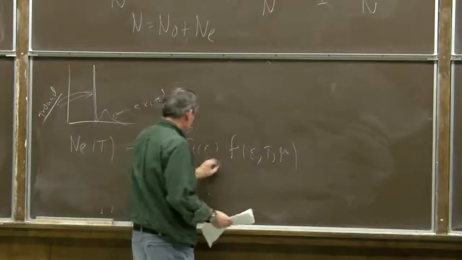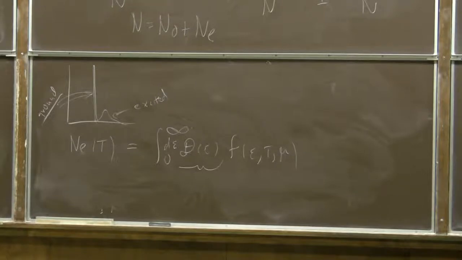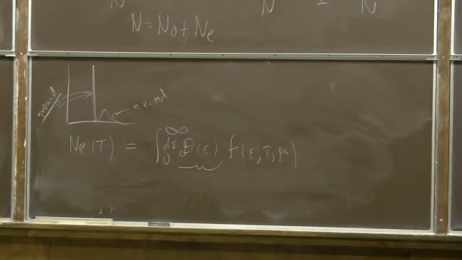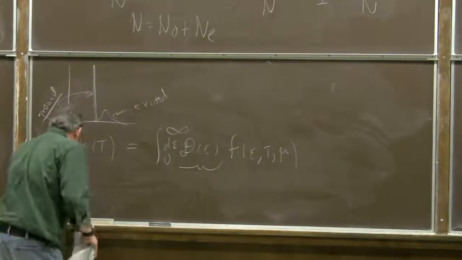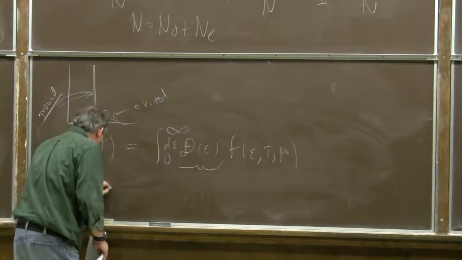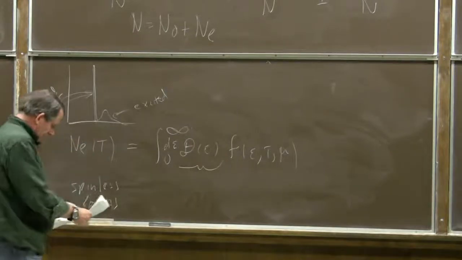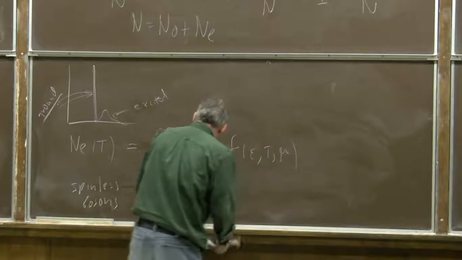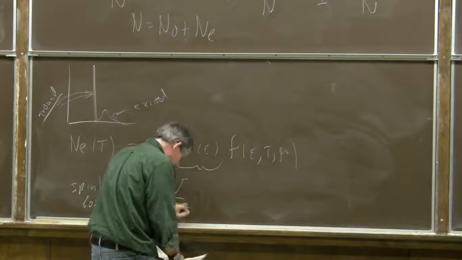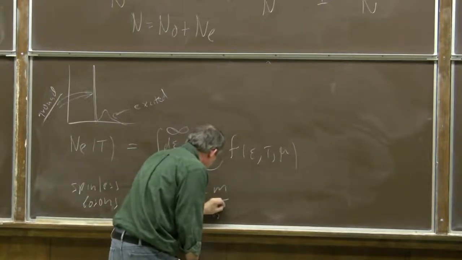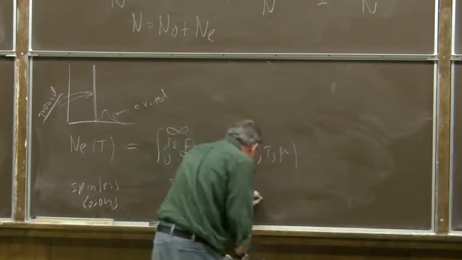And we know what the density of states is. I'm going to set the spin factor equal to 1 because I'm going to consider spinless bosons. These are bosons, they have integer spin, and I'll consider the spin 0 case. So for spinless bosons, the spin factor is 1. No spin degeneracy. And as we computed last time, the density of states, or density of orbitals, is volume divided by 4 pi squared, 2m over h bar squared to the 3 halves, times energy to the 1/2.